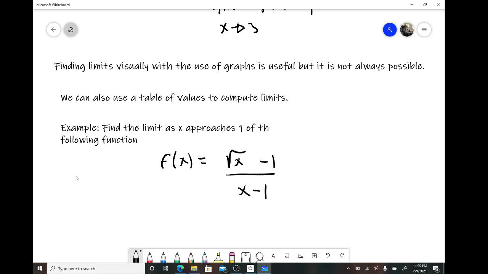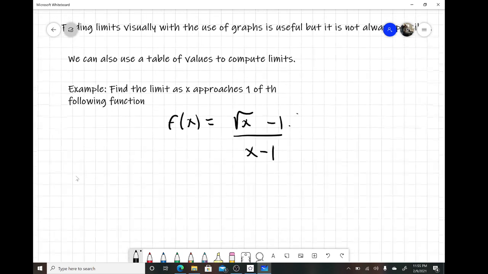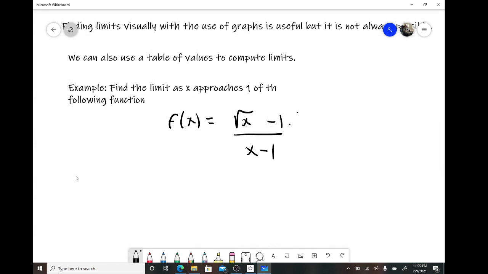So this is already a complicated function. We have a radical in the numerator, we have a rational function as a whole, and we have to find the limit as x approaches 1.